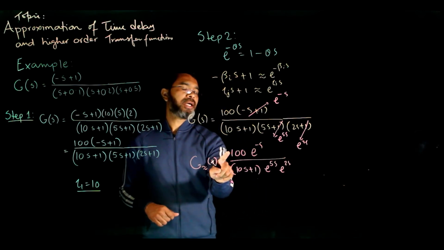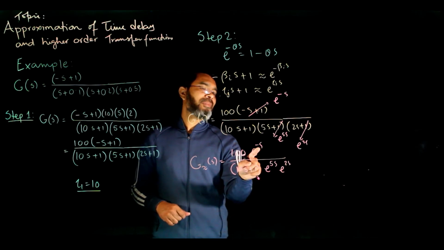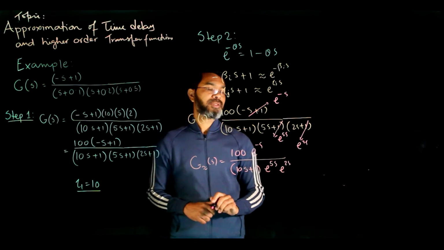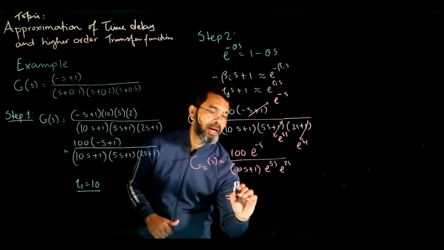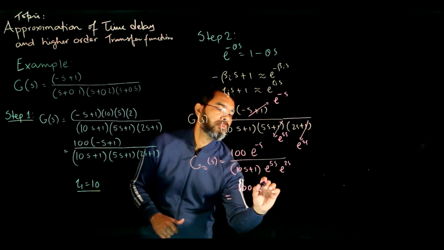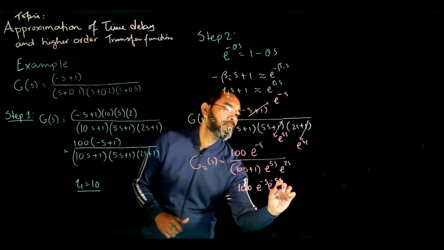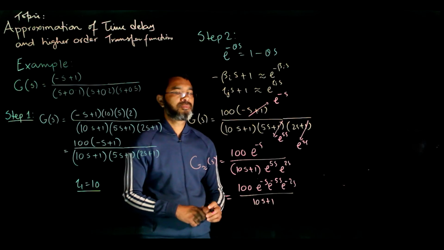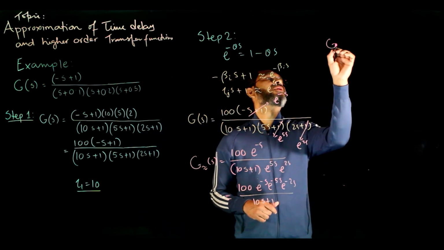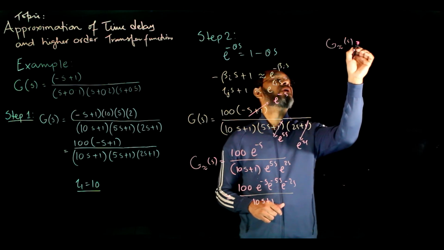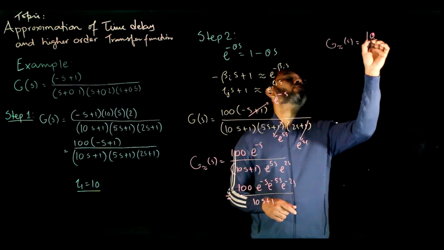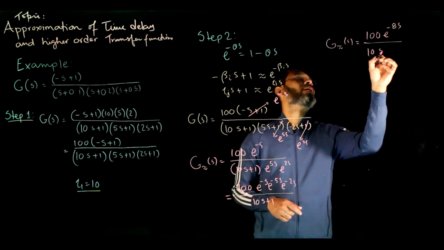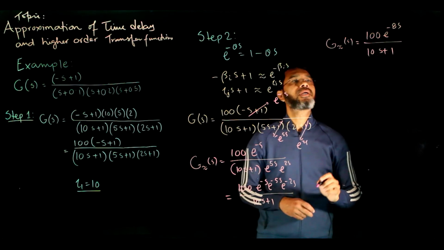So now you see that we have 100 over 10s plus 1, times e to the negative s. Here, if I take this term to the numerator, it becomes negative 5s, and this becomes negative 7s. So we'll have 100 over 10s plus 1, which eventually gives us G approximated (s) equals 100 e to the power negative 8s over 10s plus 1.